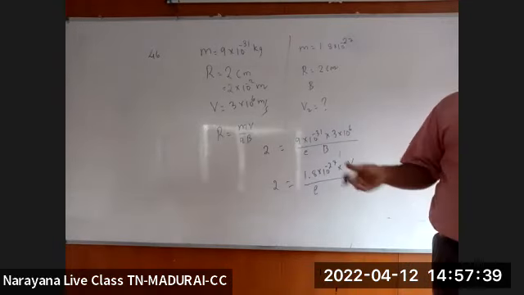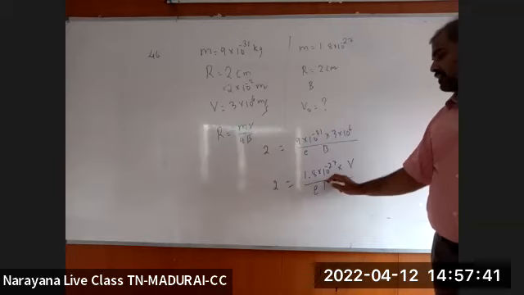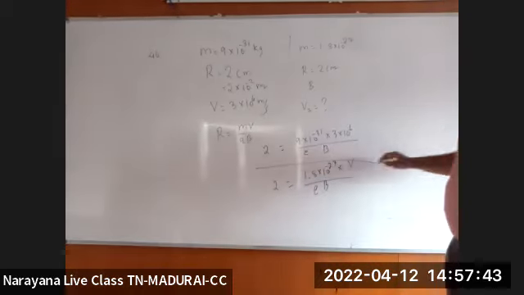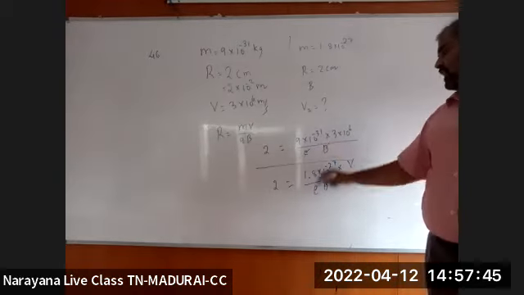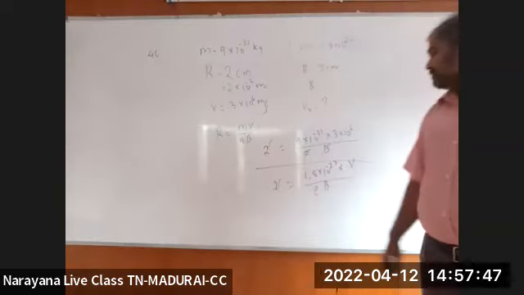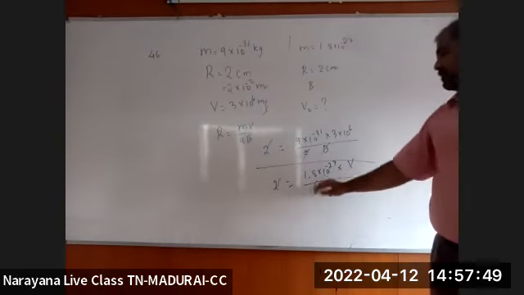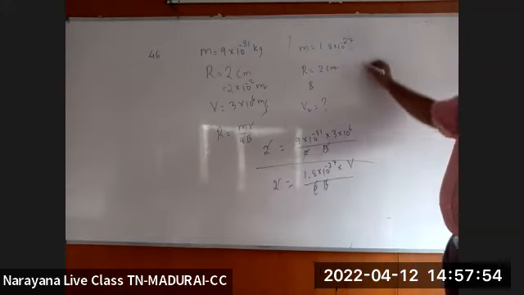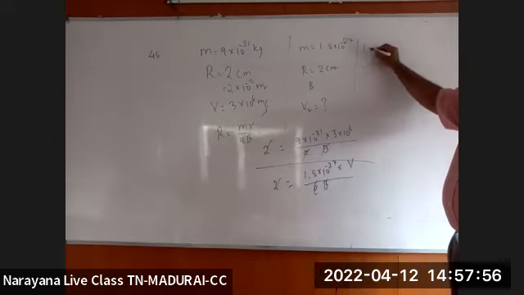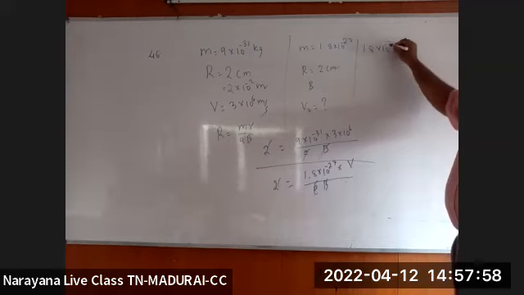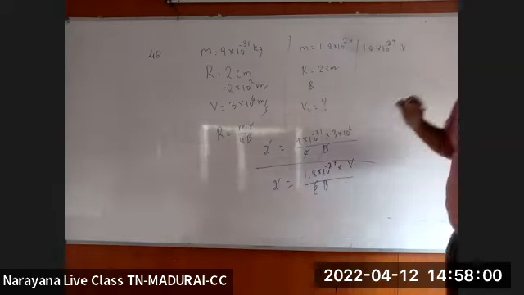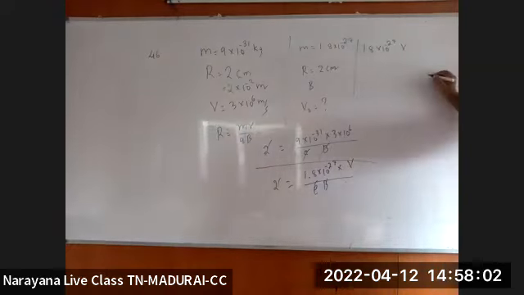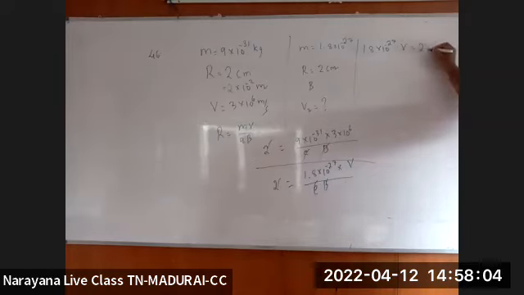The charge of the electron and the charge of the proton are both the same only, no? So the magnetic field is the same. Nicely do the calculation. eV, and B on both sides cancel. I will bring this term to that side. So 1.8 into 10 power minus 27 into V is equal to 27 into 10 power 6 minus 31, how much?